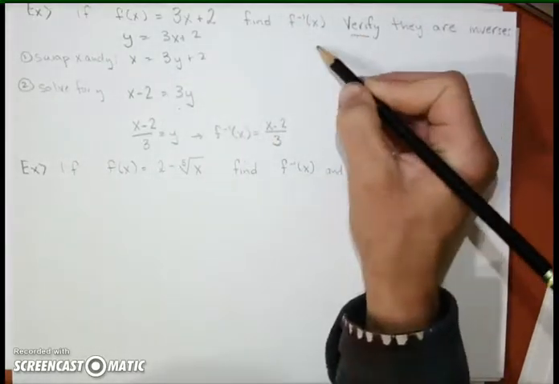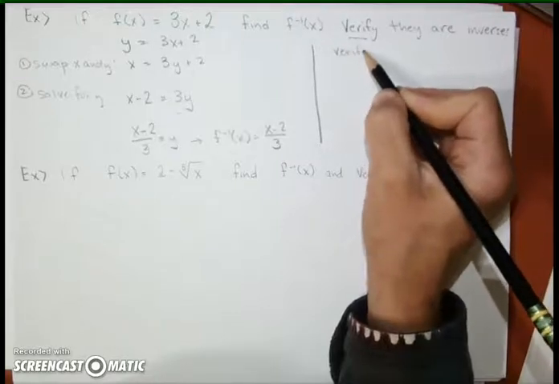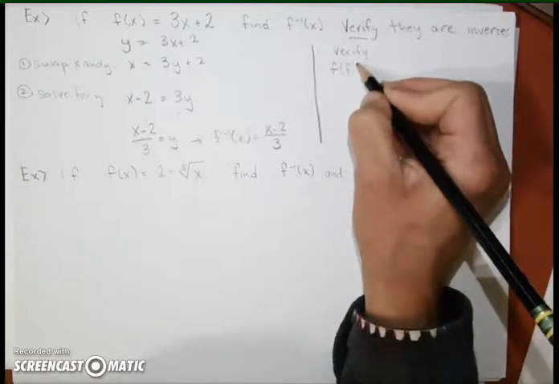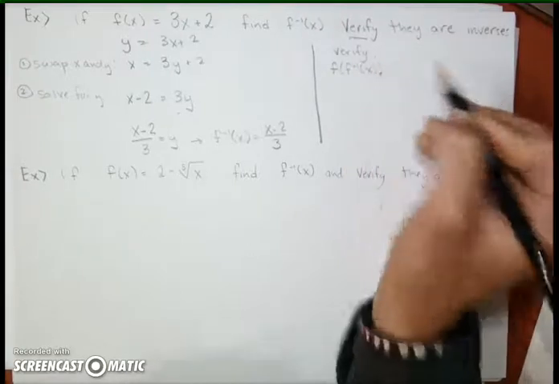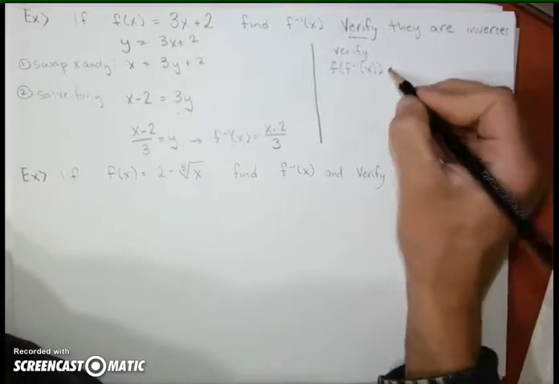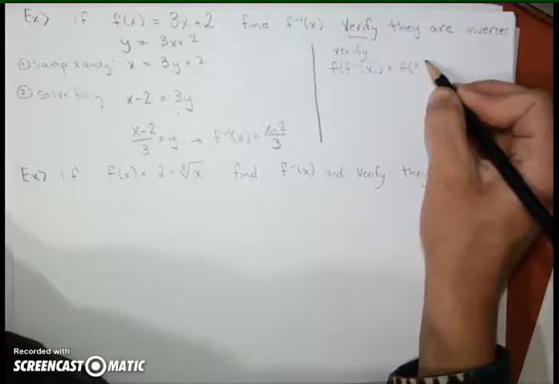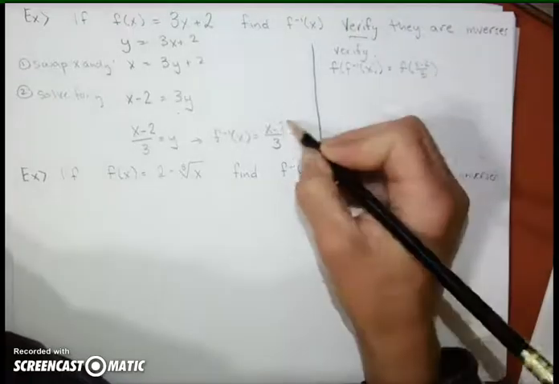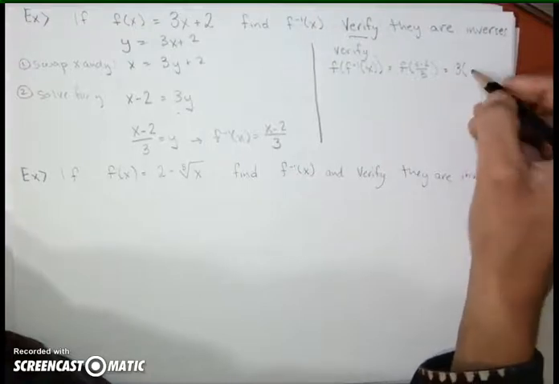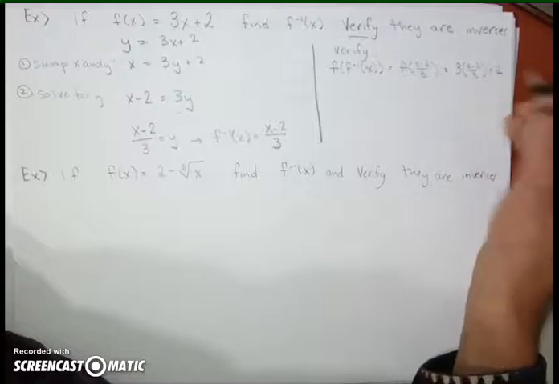So now I need to verify. Let's first compute f of f inverse of x, and I should get x if they're actually inverses. So I'm going to do f of (x minus 2) over 3, because that's the inverse, which is 3 times (x minus 2) over 3, plus 2.